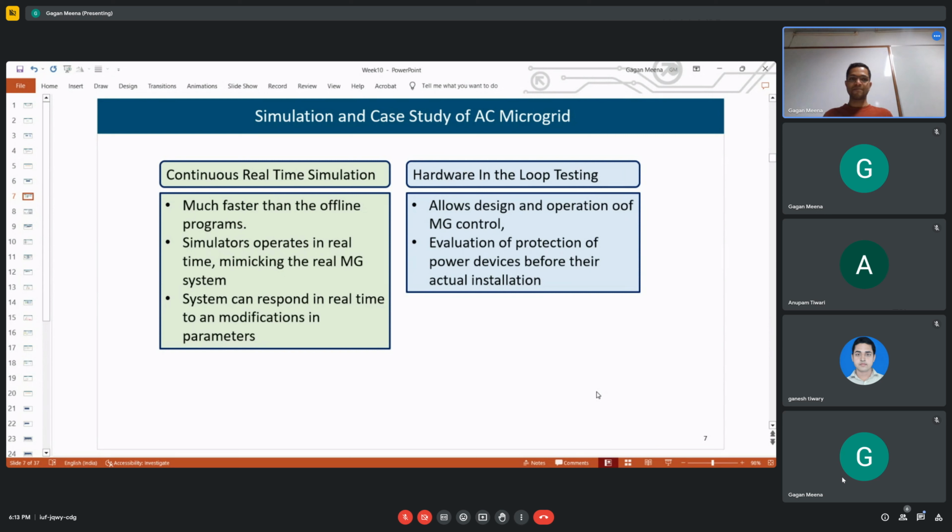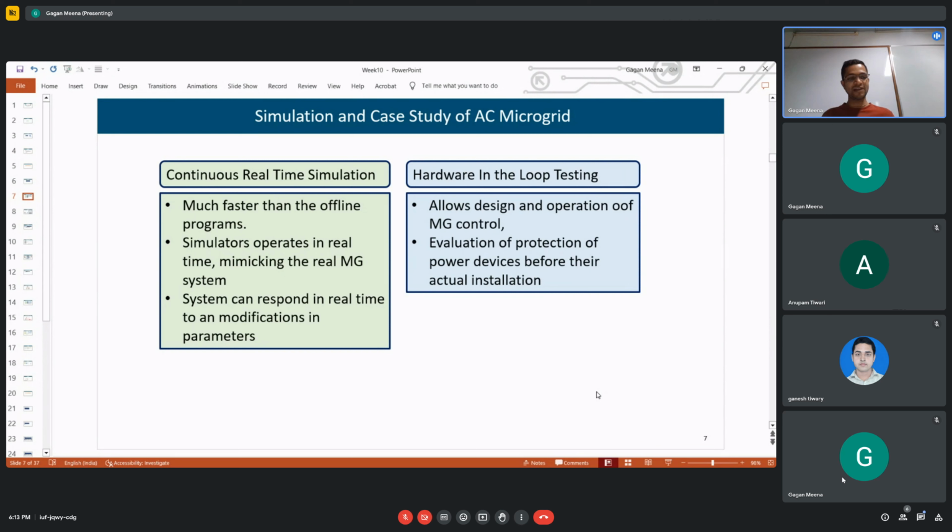These are much faster than offline programs. MATLAB is an offline program, so it takes time. If you have done some simulation on MATLAB, Simulink is the platform for simulations in MATLAB. Simulink takes a lot of time, especially when we want to study the entire dynamics of the system.